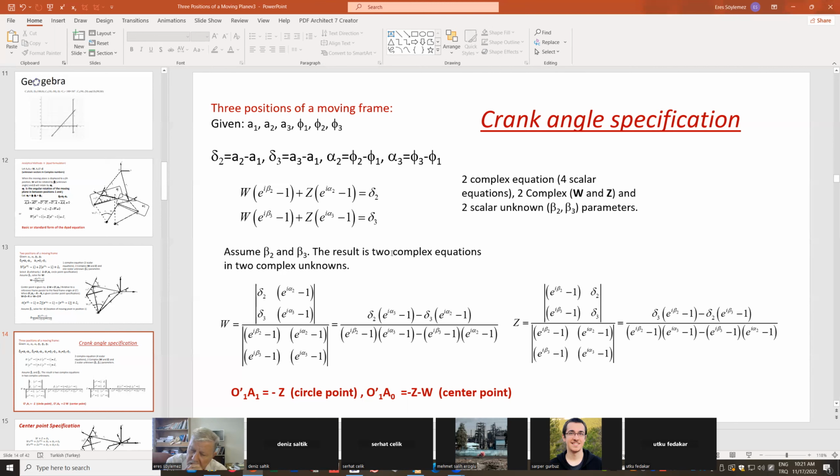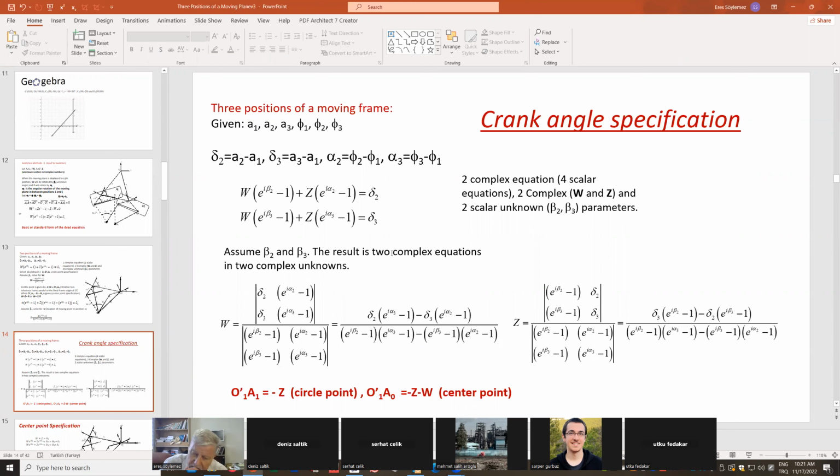This time, when you select, for example, the circle point, minus Z is given. Z value is given. In that case, you have to solve for W, beta 2 and beta 3, 4 parameters. In case R is given, A0 is given, center point is given, again you have to solve these 2 equations for 4 parameters.